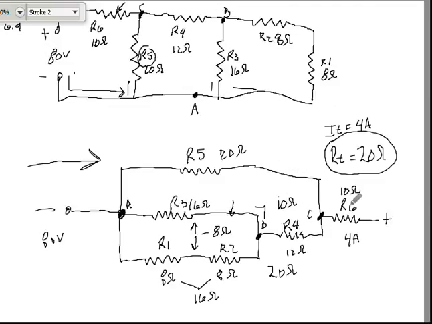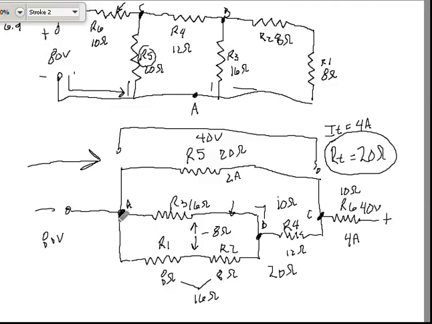R6 is going to see 4 amps, 10 ohms, 4 amps, it's going to see 40 volts. So my voltage drop there is 40 volts, so my voltage drop across this entire network here has got to be 40 volts. 40 volts divided by the 20 ohms of R5, R5 is going to see 2 amps.